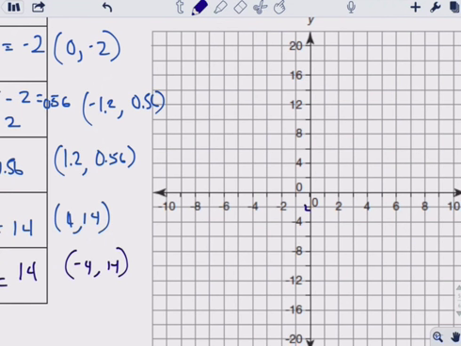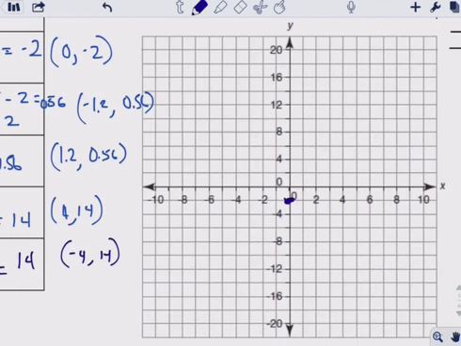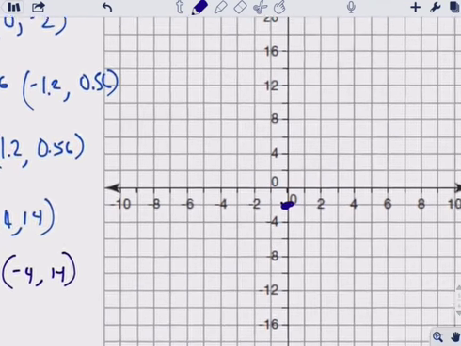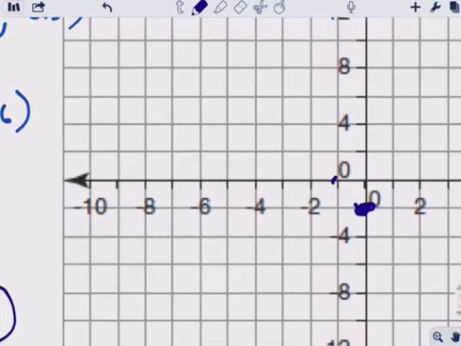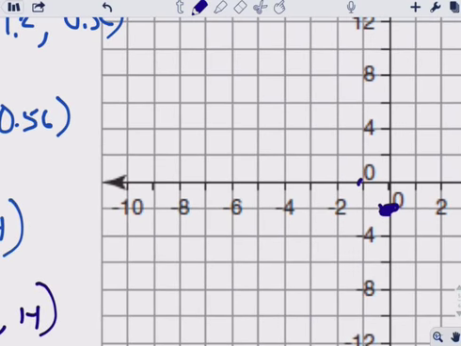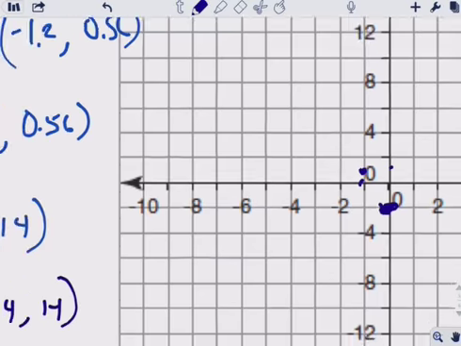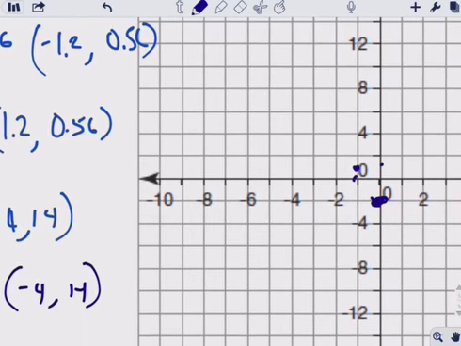They counted by 2's on the y, which is fine. 0, negative 2 would be here. Negative 1.2 would be somewhere here. And 0.56. That's 1, so it's below that, right there. And then same thing with positive.